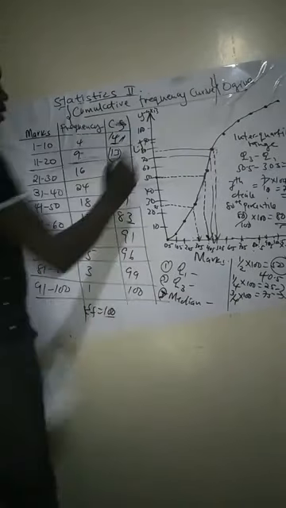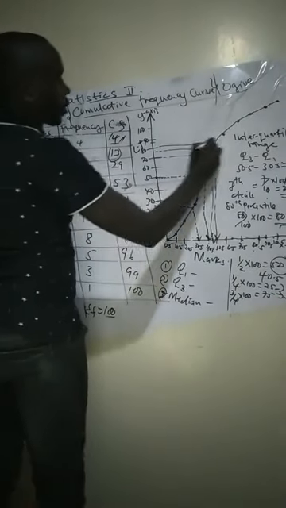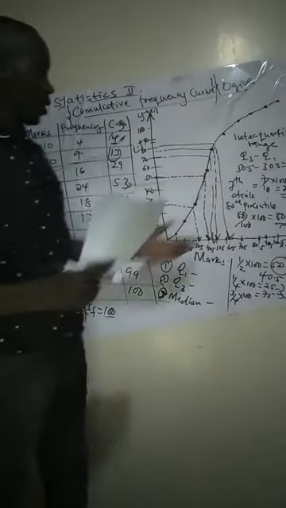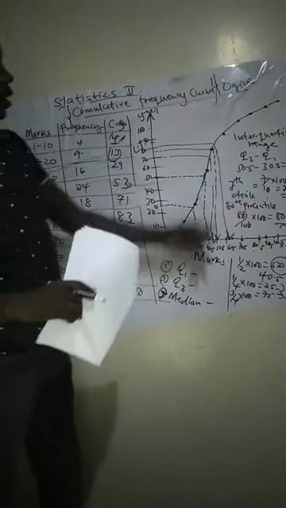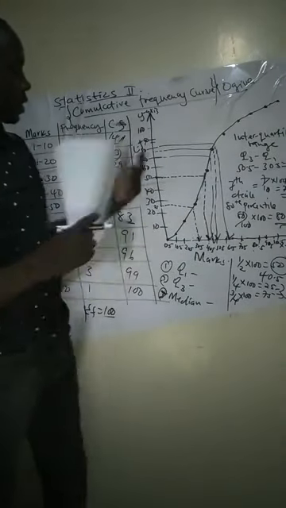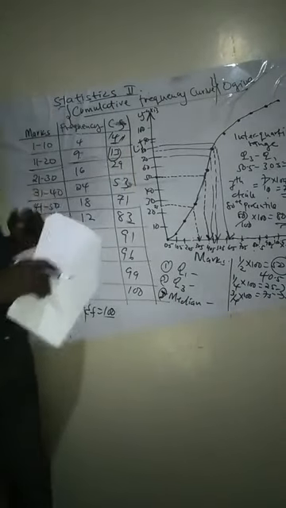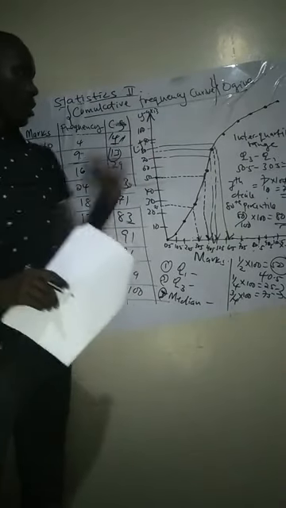So cumulative frequency 80, then you read the corresponding value. That way you should be able to find the 80th percentile, deciles, and quartiles using the cumulative frequency curve. Make sure you remember how to draw that, and draw a very smooth curve.